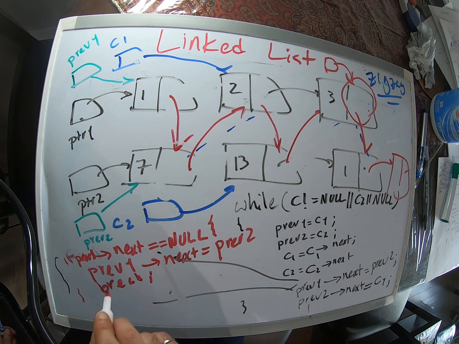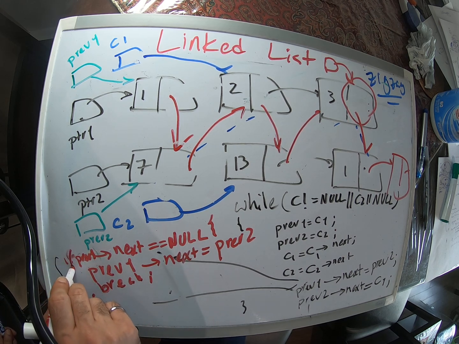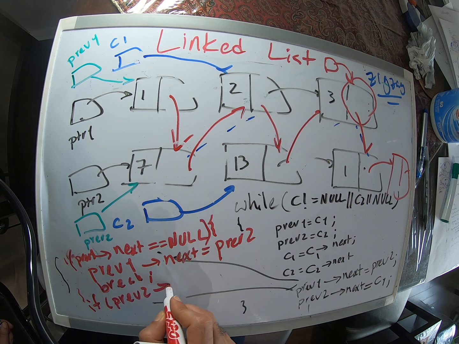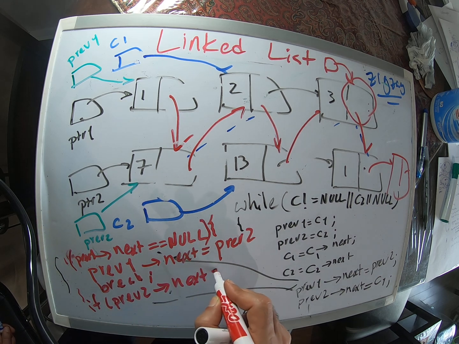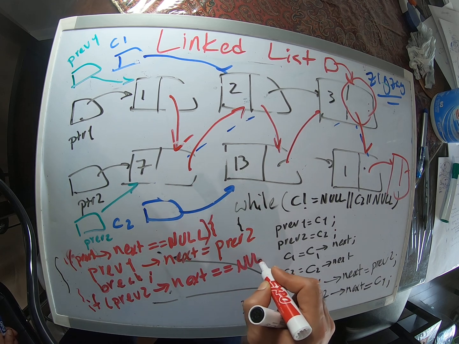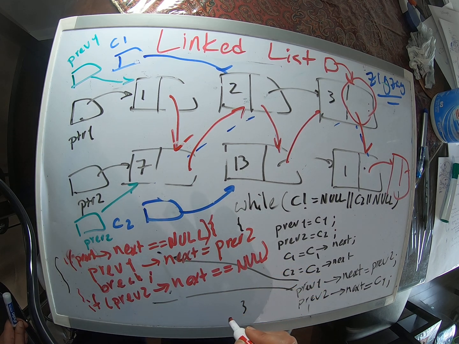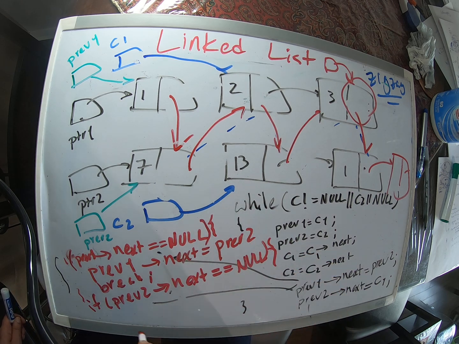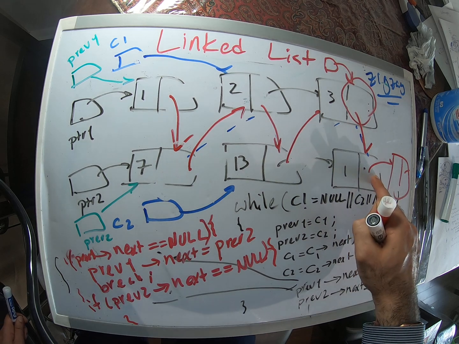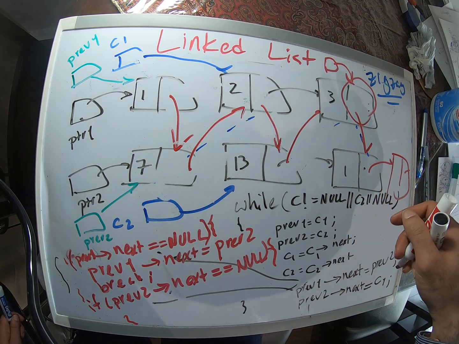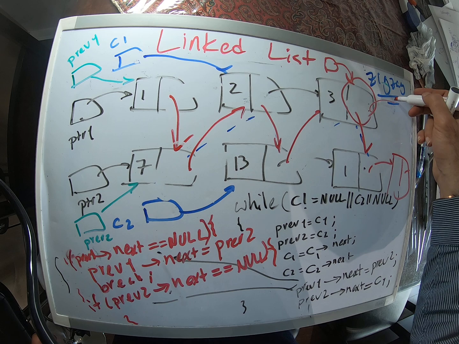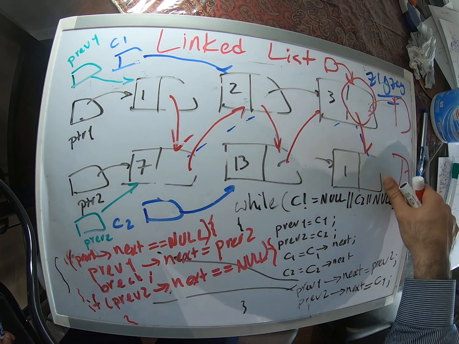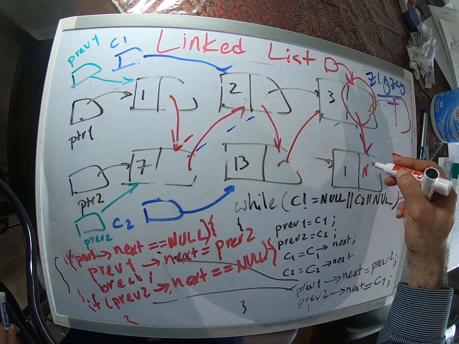And the same thing for the other one. If previous two arrow next is equal null, then we basically have to say if this is equal to null and let's say this one has continuation, right? If that's the case, let's say like this was the case. We had like null here.